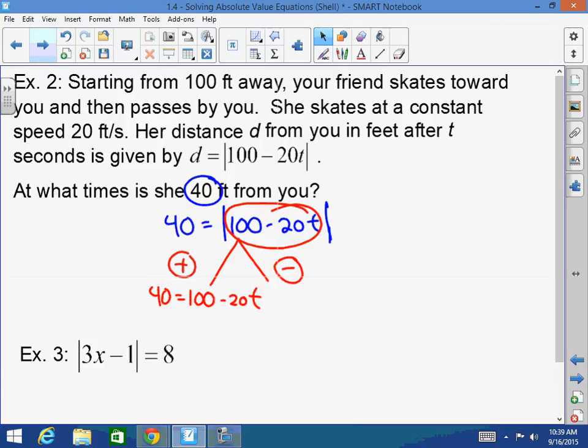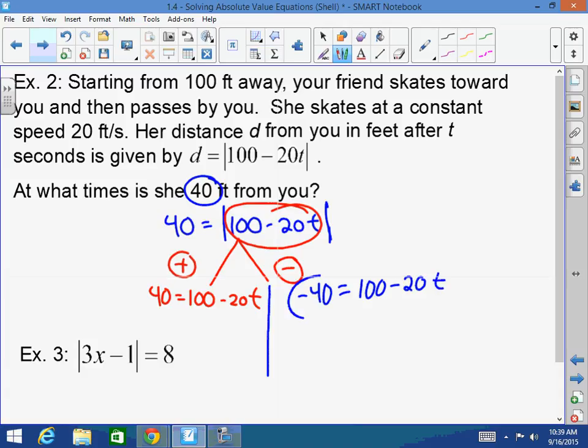And then we'll do the negative. Negative 40 equals 100 minus 20t. Why did I put a negative 40? Because I'm on the negative side. And when I'm on the negative side, I multiply the non-absolute value side by a negative. Does that make sense?